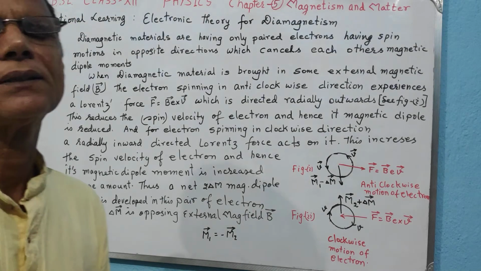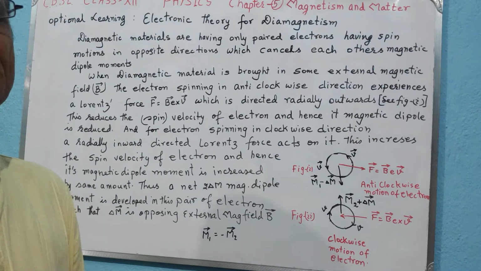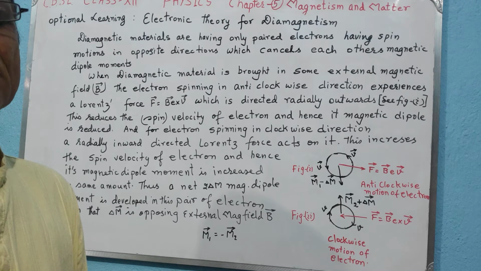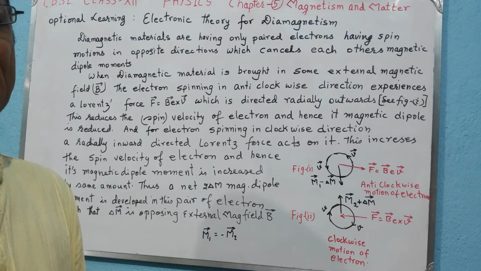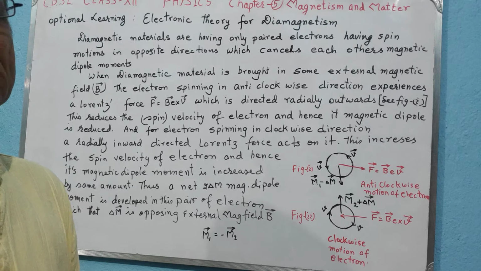why this happens. A diamagnetic material essentially has all paired electrons, meaning no two electrons can have all the same magnetic quantum number.